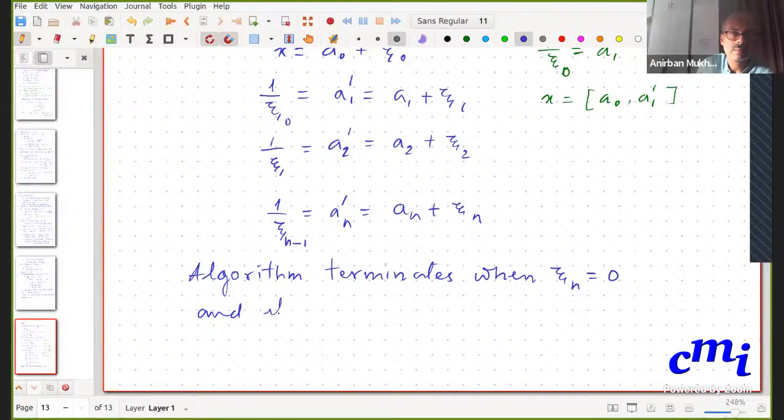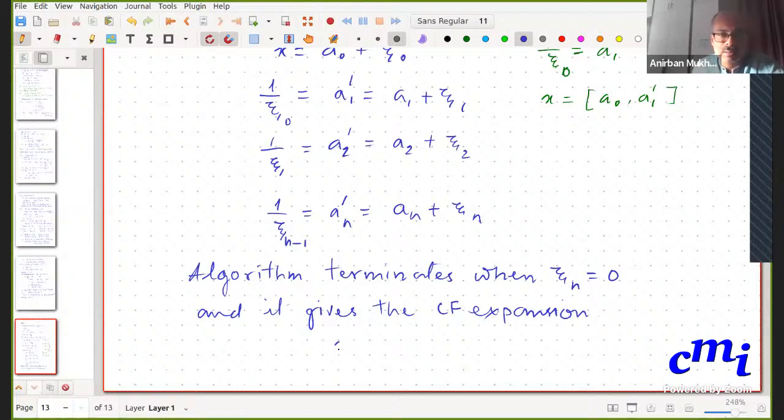And it gives the continued fraction expansion, which looks like this. So x is equal to a naught, a1 till an. So an is the last entry. So this is what we get. So that's the algorithm. As you understand, it's quite easy to follow.